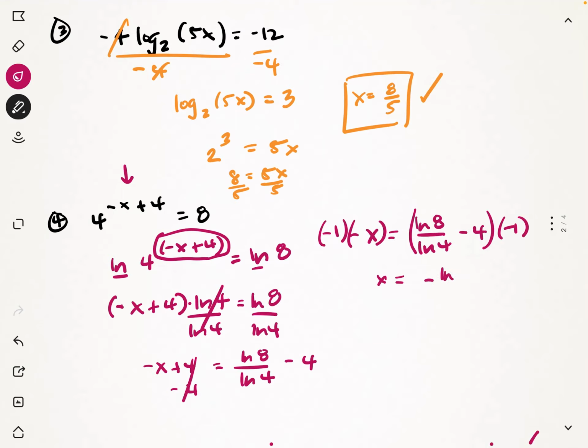So we have negative ln 8 over ln 4 plus 4. And we're going to do that in our calculators. And what we end up with is negative ln 8 divided by ln 4 plus 4 is negative 5.5. Oh, sorry, plus 4.